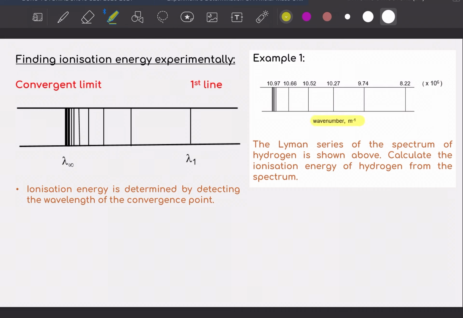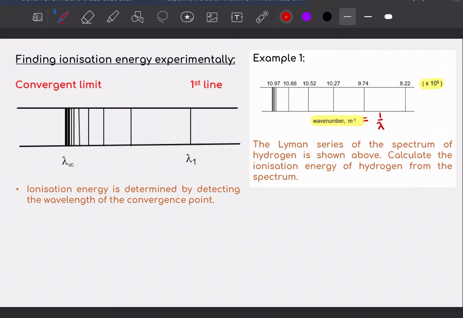Okay, wave number. And notice it has this times 10 to the power of 6 there. Okay, so just be alert. So kalau wave number is actually equal to 1 over lambda. Okay, so ini bukan lambda, this is wave number, which is 1 over lambda.